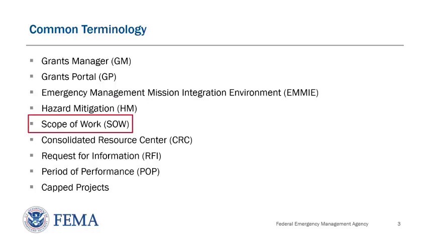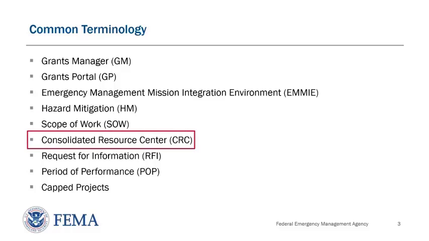Next is scope of work, or SOW. For emergency work, the scope of work includes work required to address immediate threats. And for permanent work, the scope of work includes a description of how the applicant plans to repair or has repaired the damage, including repair dimensions and hazard mitigation description and dimensions.